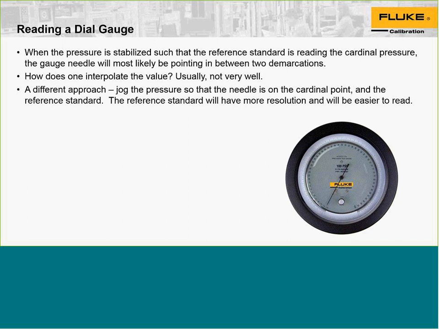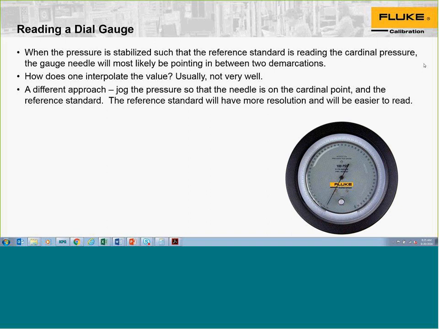When it's stabilized, such that the reference standard is reading the cardinal pressure, for example, if I'm calibrating this on a pressure comparator, so that I'm reading 50 psi and the pressure is stabilized there at 50 psi, I'm reading 50 psi on my reference device with a digital display. The gauge needle will most likely be pointing in between 2 demarcations.